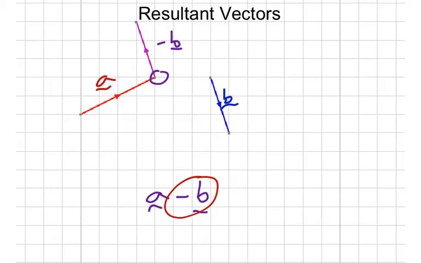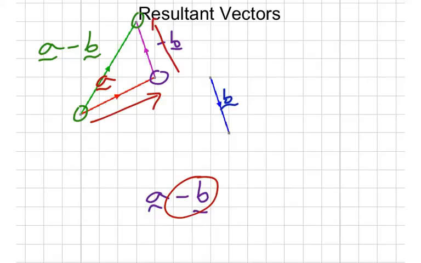And finally we do the resultant, joining from the very beginning to the very end once again, and that would be A minus B, because we did A first and then minus B second.